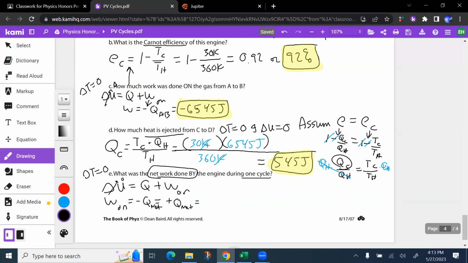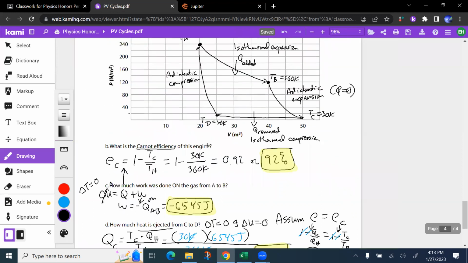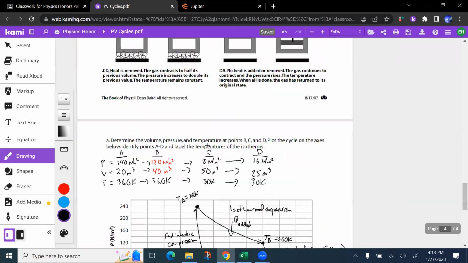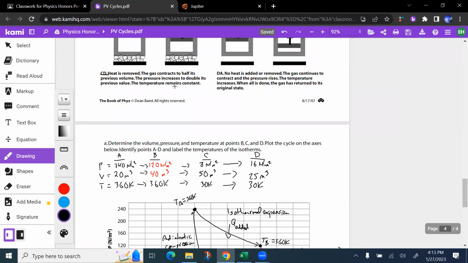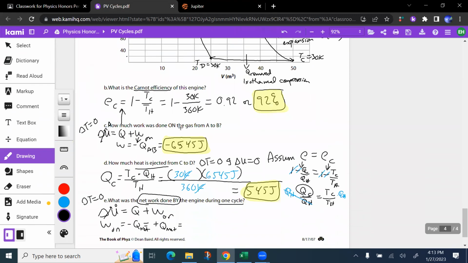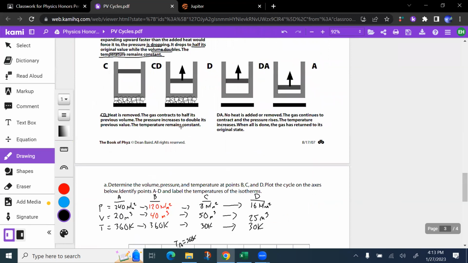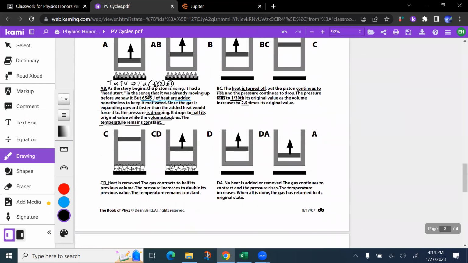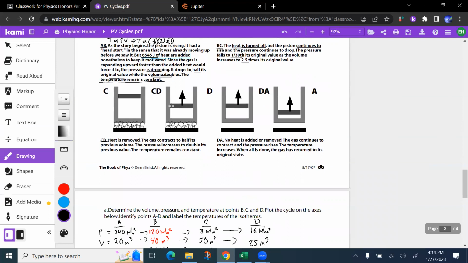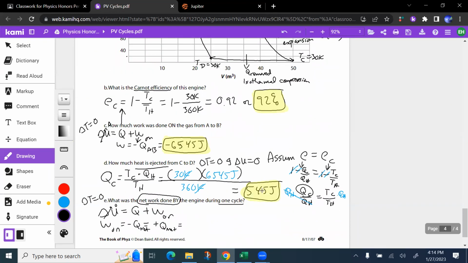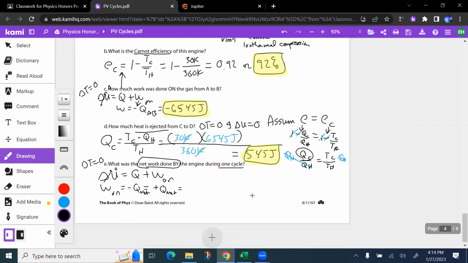You go back to the heats that we calculated. We have the heat coming in, which is the 6,545, and then we have the heat going out, which is the 545. So that would technically be minus.